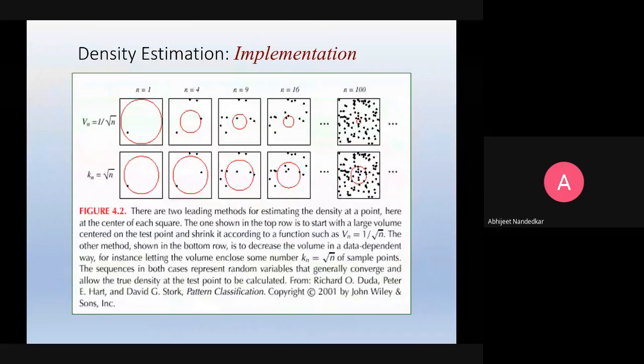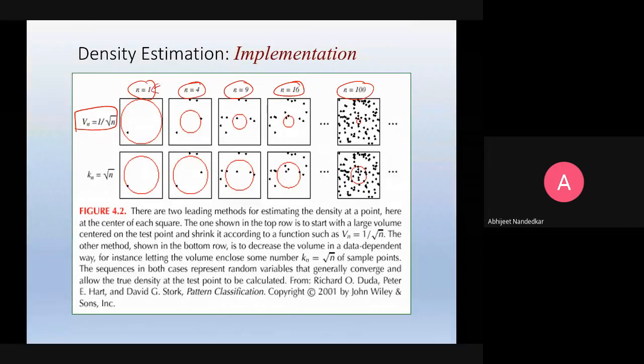Now this is one example where we have a comparison between the two. Suppose this is the Parzen window, and I have n equal to 1, then n equal to 4, n equal to 9, n equal to 16, and n equal to 100. If I use the Parzen window, the volume will be 1 by 1, that is 1, if I have only one sample.